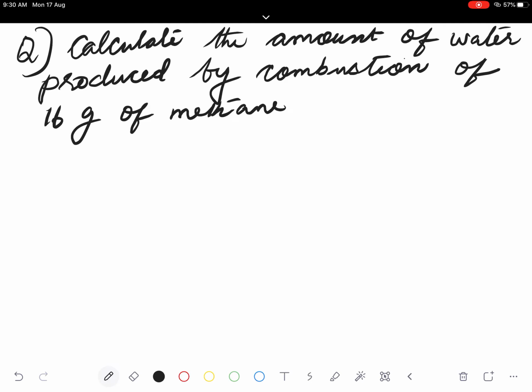Same thing, I am teaching you on the same equation. Calculate the amount of water produced by the combustion of 16 gram of methane. Now you know what the equation is.